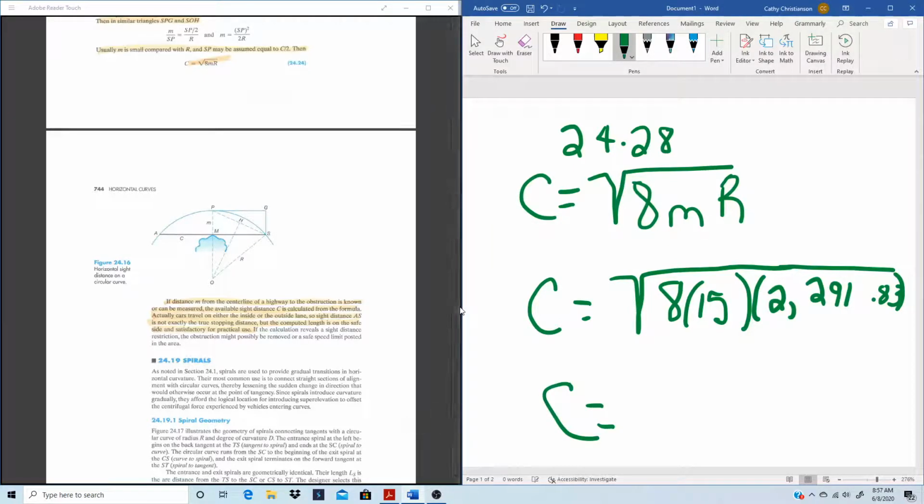You solve for C, plugging in those numbers, this is 24-28, sorry.